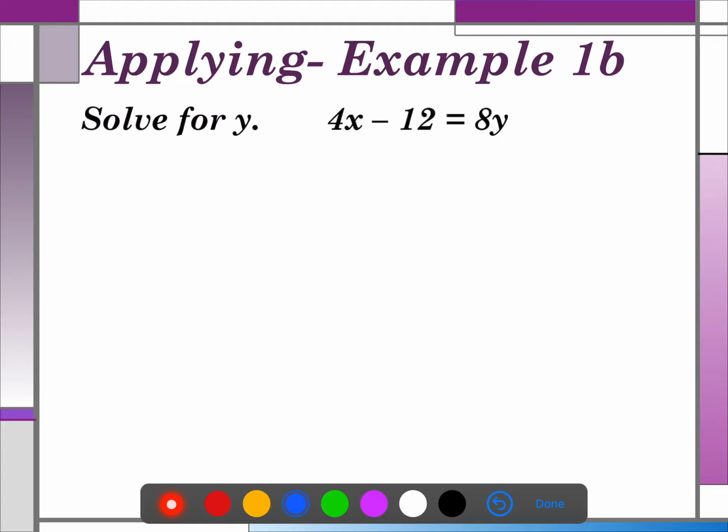Okay, so now dealing with the same equation, now we want to solve for the y instead. Well, since there's only an 8 on that side of the equation, this is definitely going to make for an easier problem. Okay, it's only one step that I need to isolate is divide by 8. And now I want to remember to reduce.